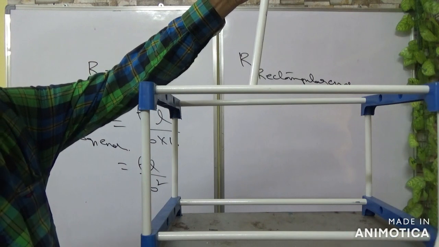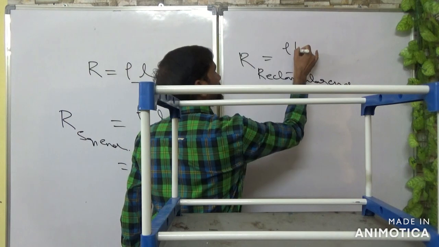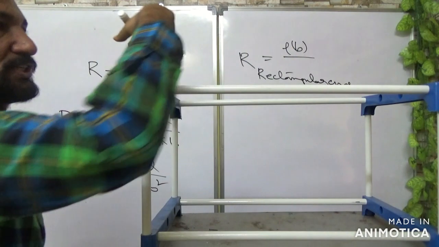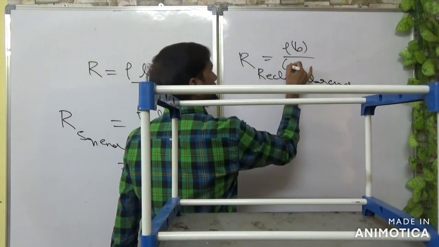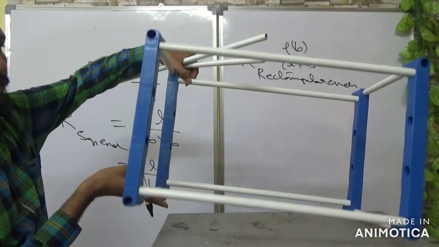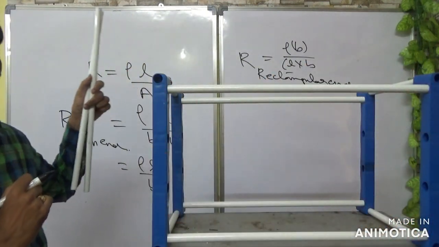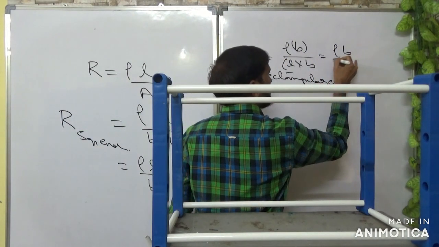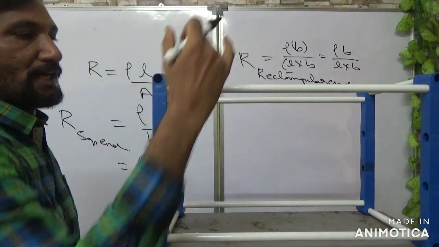So B is the length of the conductor, divided by the area. The area of this cross section is length into breadth now, because the cross section is in the rectangular form. So it is rho B by L into B. So that is the resistance between the rectangular ends.